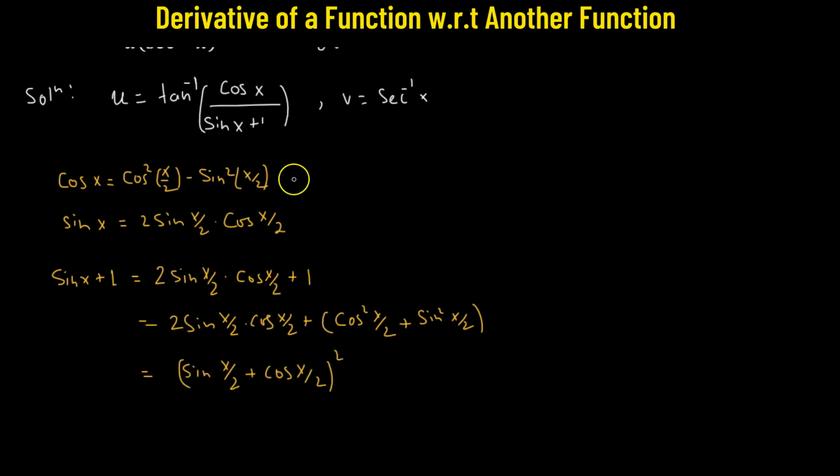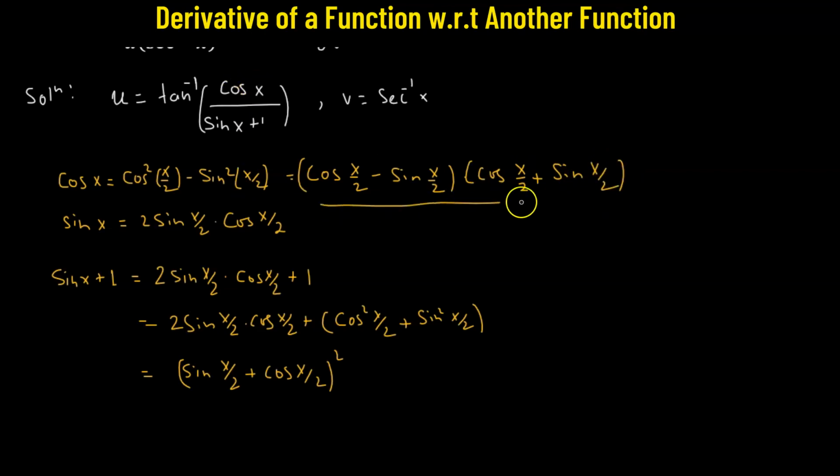Now for the cosine of x, if we use a squared minus b squared, this will be equal to cosine of x over 2 minus sine of x over 2, multiplied by cosine of x over 2 plus sine of x over 2. So let's replace cosine of x with this expression in the numerator and sine of x plus 1 with this expression in the denominator.